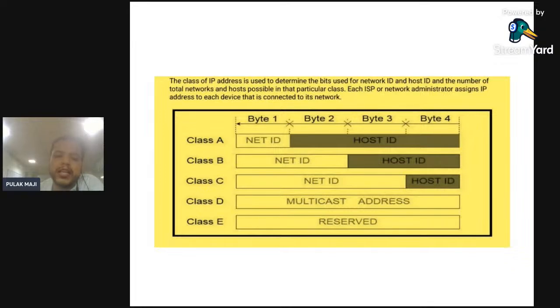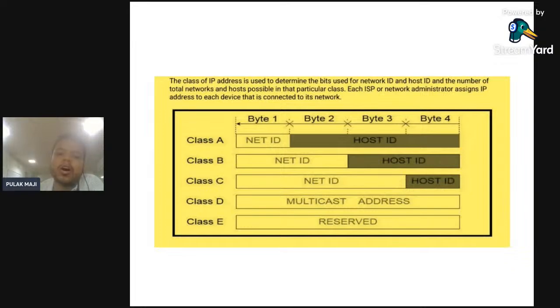Similarly for class B, what is the configuration in terms of network ID and host ID? The first 2 octets, nothing but the first 16 bits, are reserved for the network ID, and the remaining 16 bits are reserved for the host ID. Here we are dividing the 32-bit IP address into two parts.